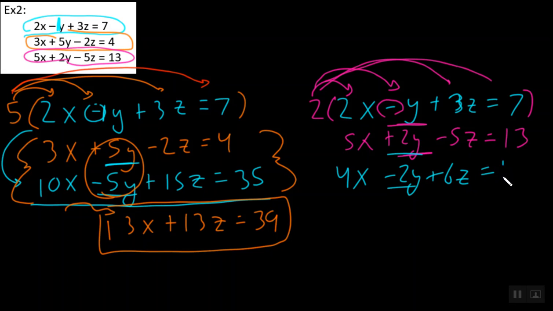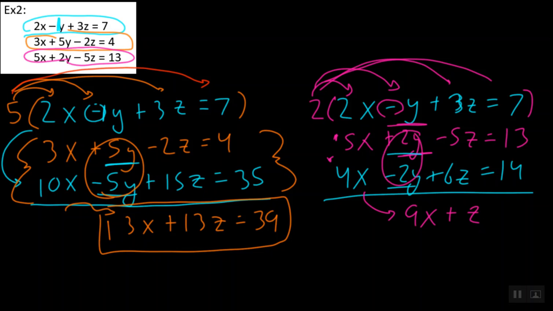Well, that's going to give us 14. Okay, well, let's go ahead and add everything down. We know that 5x plus 4x will give us 9x. Our 2y minus 2y cancels. And negative 5z plus 6z will give us positive 1z is equal to 13 plus 14, which is 27.